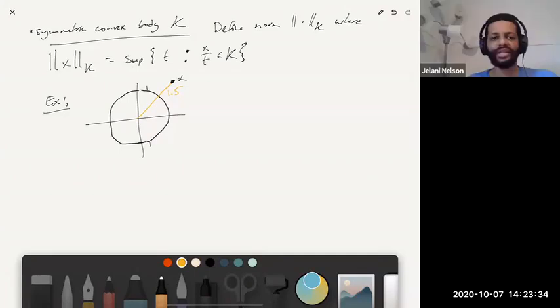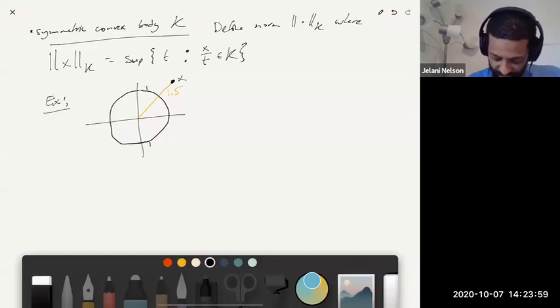The smallest t. Oh, yeah. So I took sup instead of inf and I multiplied instead of divided. It made sense to say sup when it was multiplied, which was a bug. Now that I'm dividing, it should definitely be inf, right? Because I can divide by t being like infinity, and that's going to go to the origin. That's definitely going to be in K. So now that I'm dividing, it should be the inf. That's right.